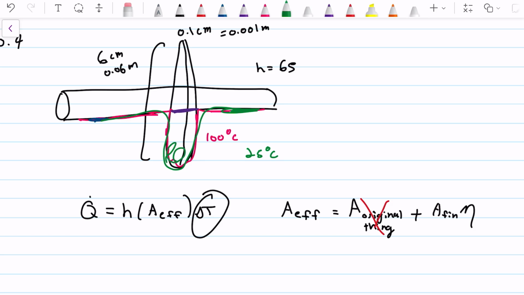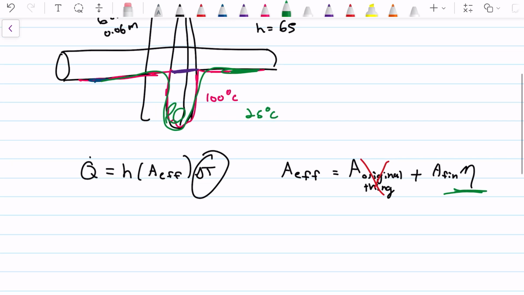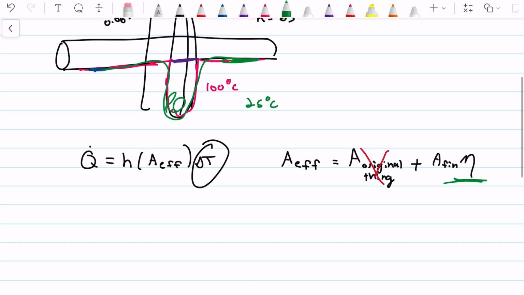It's probably colder in the fin. But to counteract for that, we're just going to introduce this efficiency, which is just going to become a coefficient, and that can kind of fix our problem. Generally, you can mathematically derive the efficiency as a function of geometry, but I'm not going to do that because it's out of the scope for this. So for us, we're just going to assume it to be 0.88.